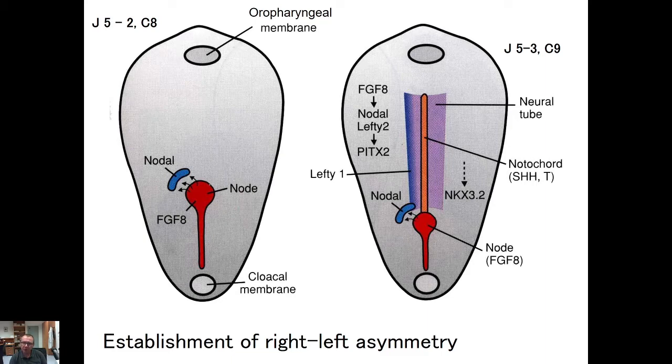So the node is a very important center for the formation of the embryo. These factors are secreted to the surface of the node and transported to the left side by the movement of special cilia, which are situated on the surface of epithelial cells forming the node.